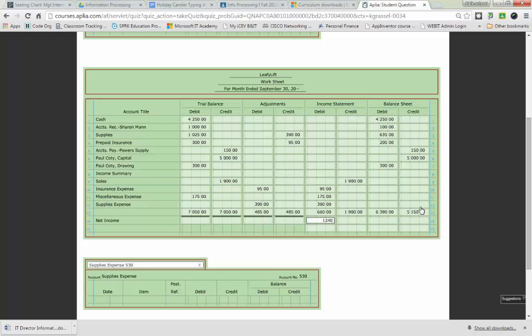And it goes on my balance sheet as a credit of $1,240. When I add that up, it magically makes everything equal. If I take $5,150 plus $1,240, that gives me $6,390, which means that my debits and credits now equal on my balance sheet and they equal on my income statement.